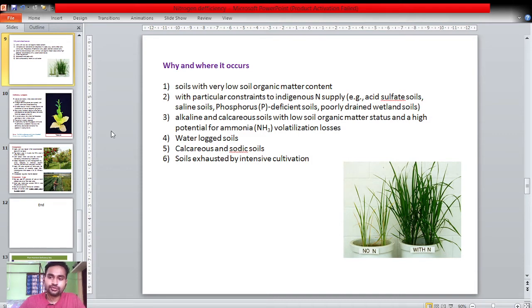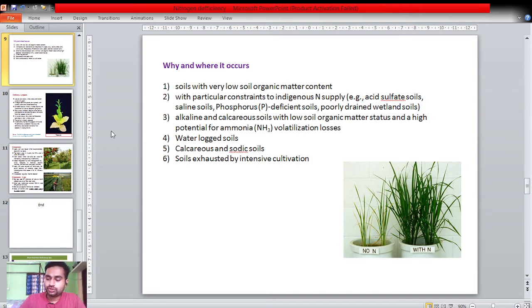In this type of soil you can see the nitrogen deficiency symptom. And some other soils, like alkaline and calcareous soil with low soil organic matter, also have the nitrogen deficiency symptom. And sometimes there is high volatilization loss of nitrogen, and because of that the deficiency symptom may happen. And when there is water logging condition, because of the water logging also there may be a problem of nitrogen deficiency.